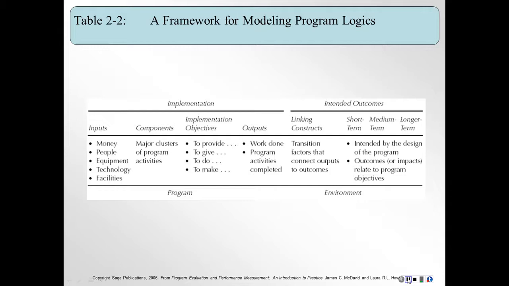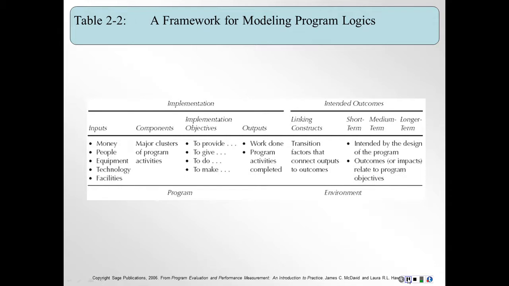Again, notice the familiar ideas across the top. Inputs, components, implementation objectives, and outputs. These are the things that happen within the organization. They're listed under the broader subcategory there of implementation. They're part of the implementation phase of the program. The program affects the environment.